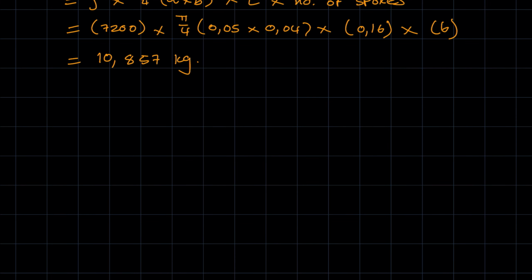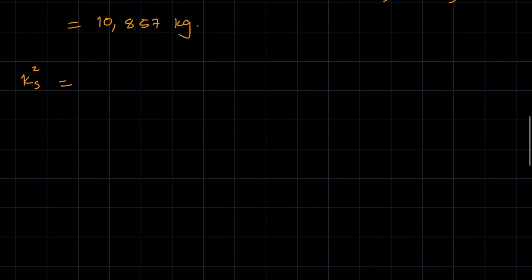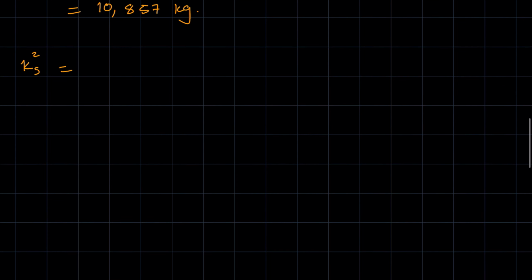And now we calculate the radius of gyration squared of the spokes. For this one you use this formula.